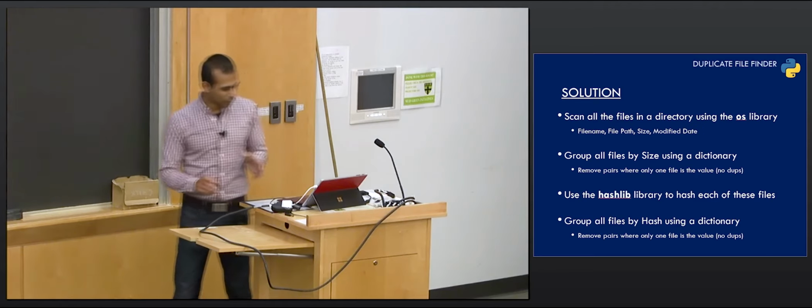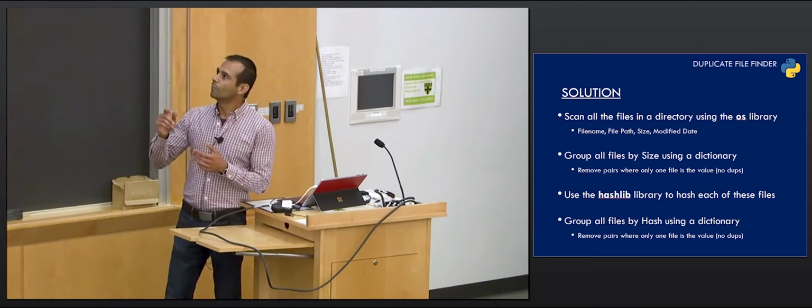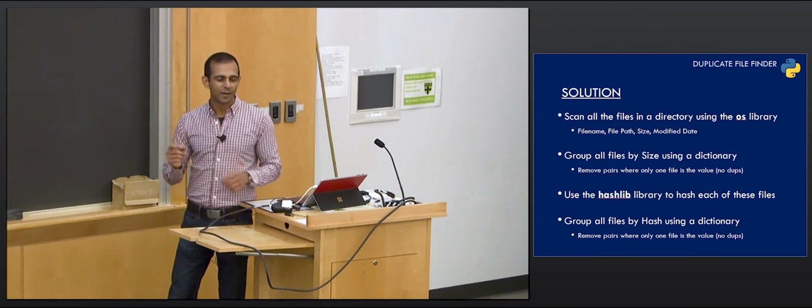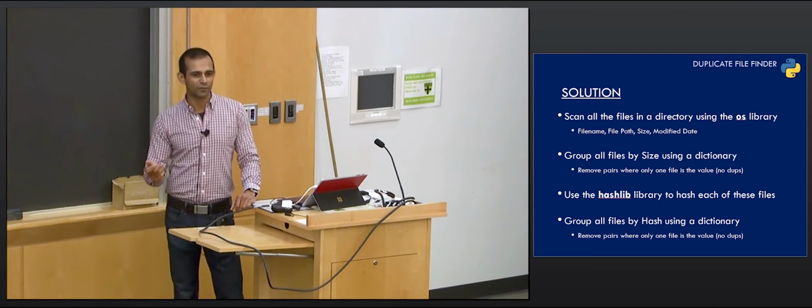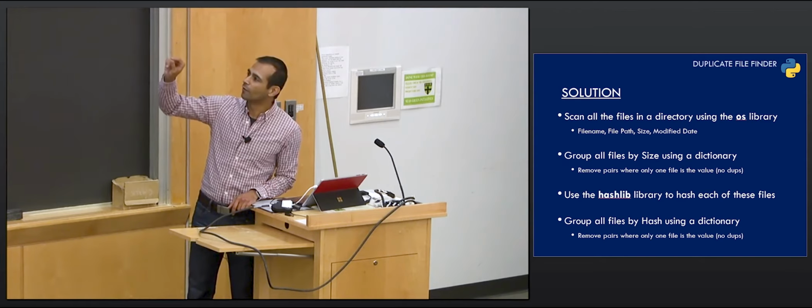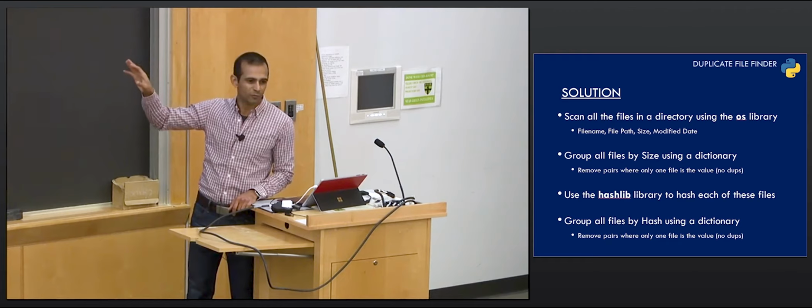The next thing I'm going to do is group the files by size in a dictionary, where the size will be the key. I'm doing this because grouping by size is very fast, and this will give me a subset of files. If there's only one value for a given size key, I know there's no duplicate file for that.